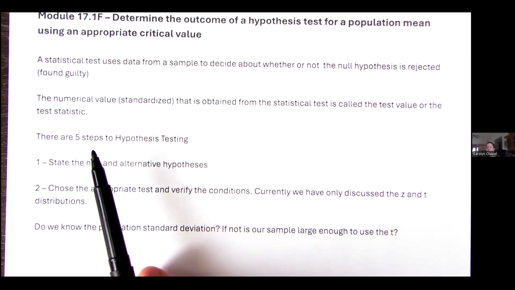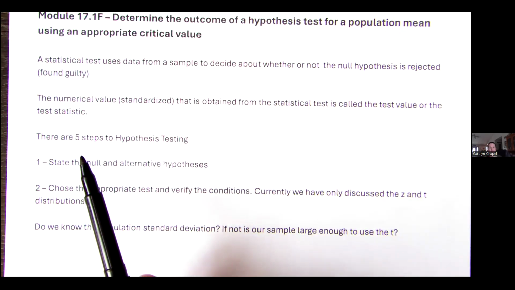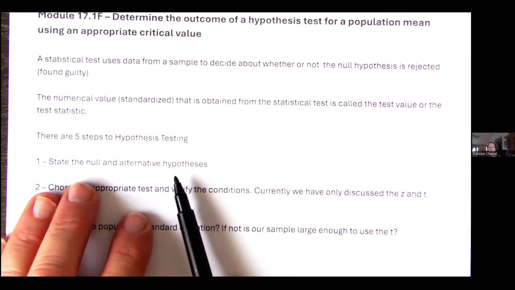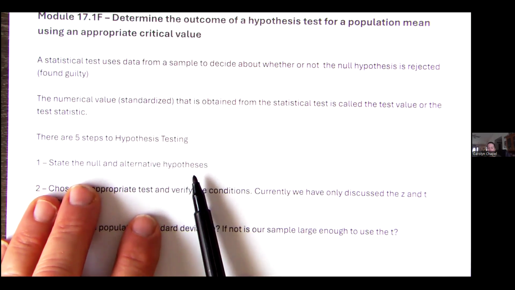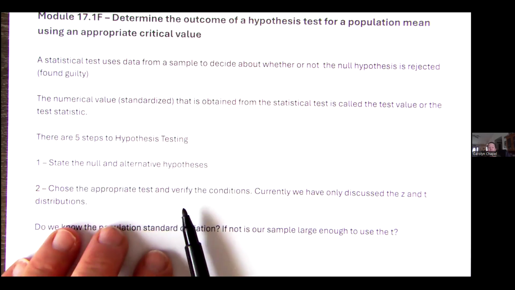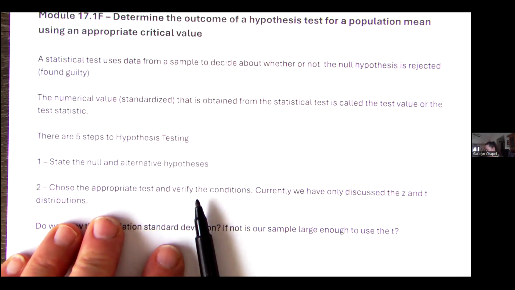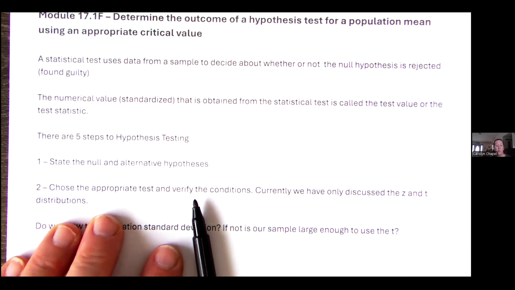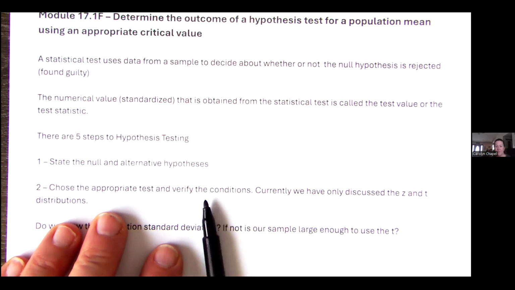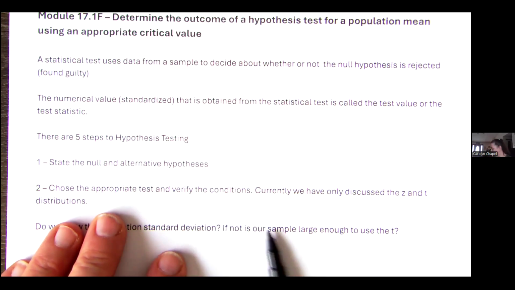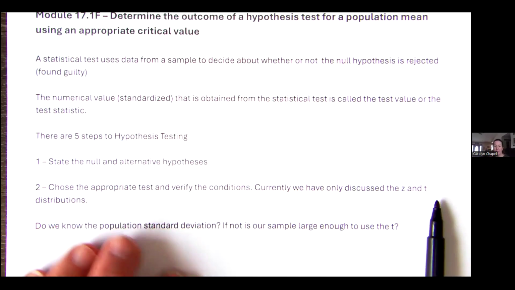So a lot of times we're trying to prove that alternative. The first step that we do is we will state that null and alternative hypothesis. The second step, which does take a lot of time, is to choose the appropriate test and to verify our conditions for that test. Right now, we only have discussed two possible tests. We've talked about a z, the normal, and we've talked about the t.